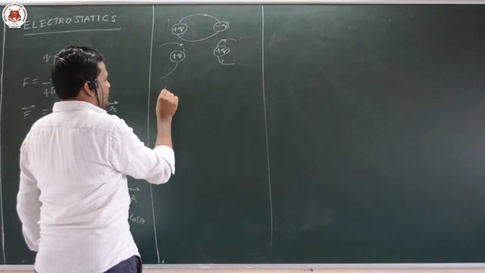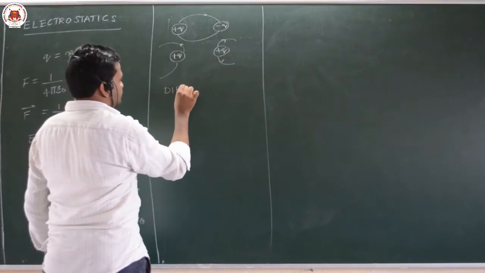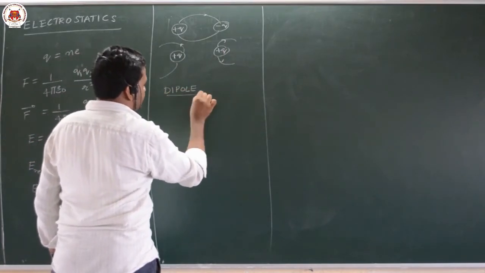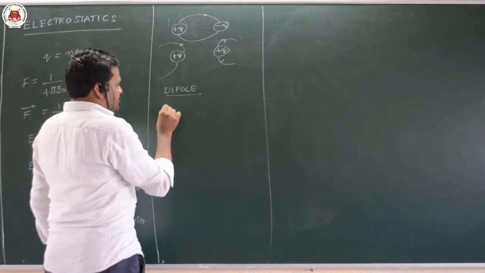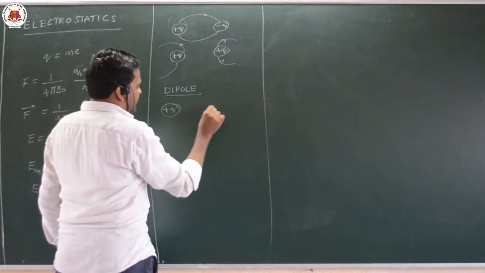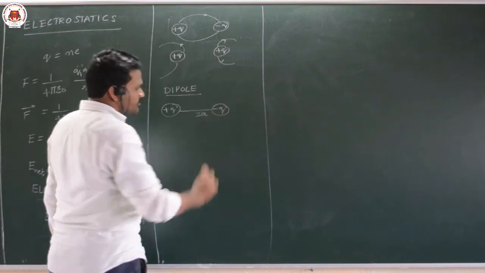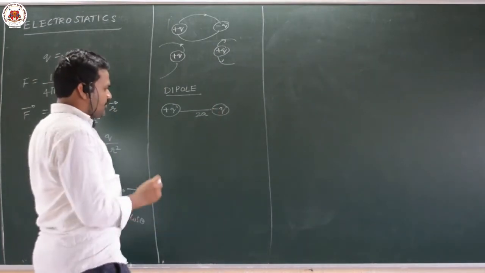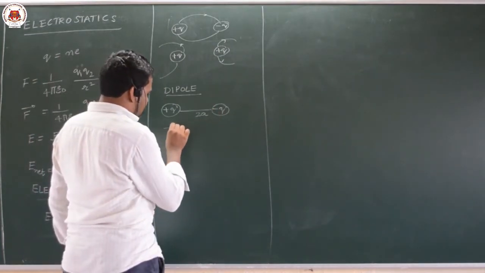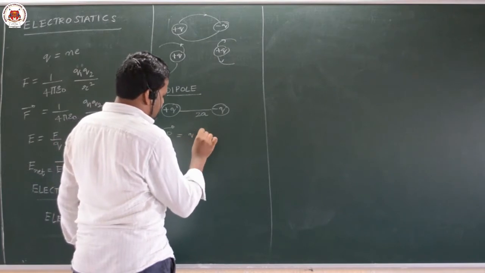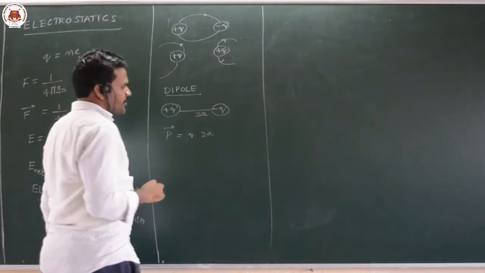Next topic you have to discuss is dipole. A positive charge and negative charge separated by a distance of 2a is called a dipole. And dipole moment P bar is equal to one of the charges into the distance between them.